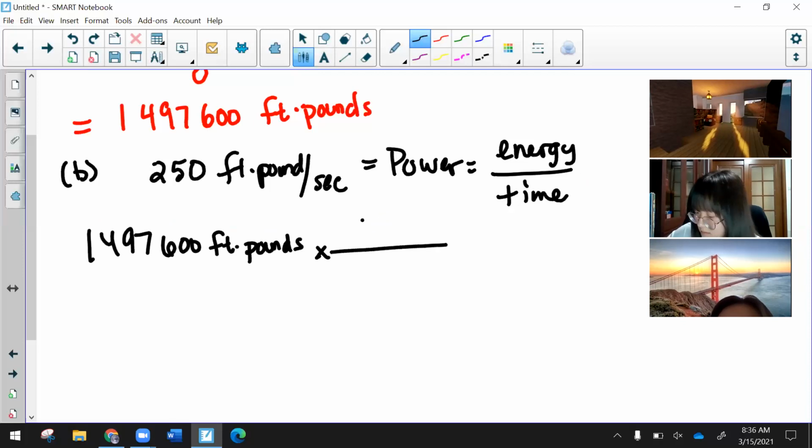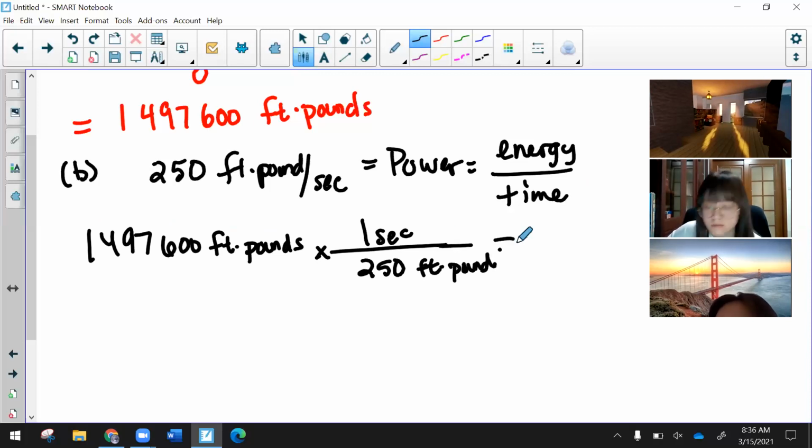And I know that every second my motor produces 250. So how many seconds do I have to run my motor?